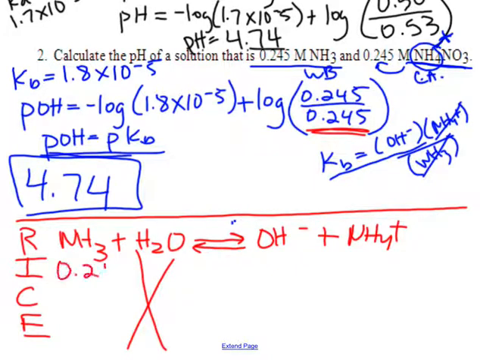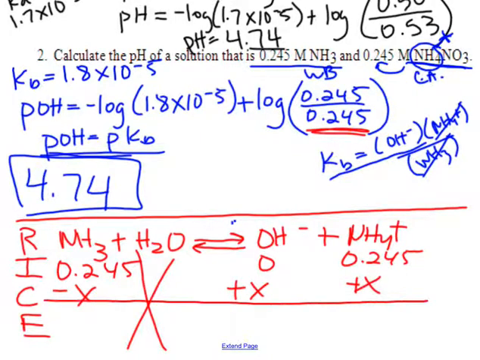You have this, and you have this. Now it's exactly a problem you already know how to solve. So you're going to go minus x, plus x, plus x. You're going to go 0.245 minus x, plus x, 0.245 plus x.